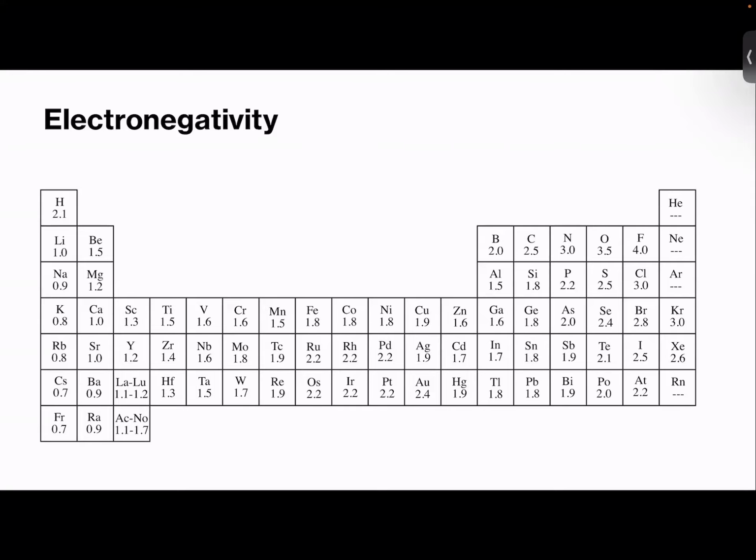Now, I will point out one key factor, and that is fluorine is the most electronegative atom on the entire periodic table. And francium is the least electronegative atom on the entire periodic table.